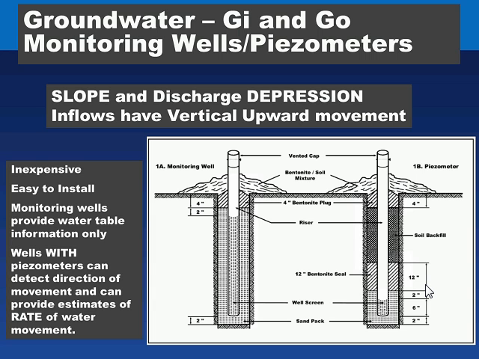However, if we have the time and expertise to install a nested piezometer immediately adjacent to that open groundwater well, and put a slotted interval in that piezometer at depth, if we have groundwater inflow under vertical hydraulic gradient, we will see a water level in the piezometer higher than the water level in the groundwater well.